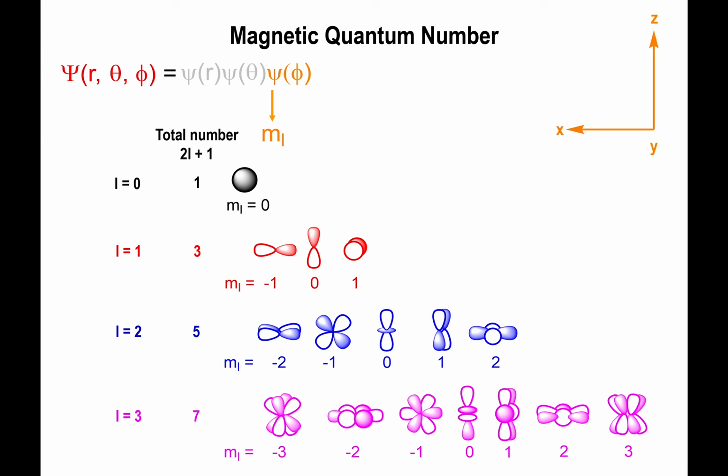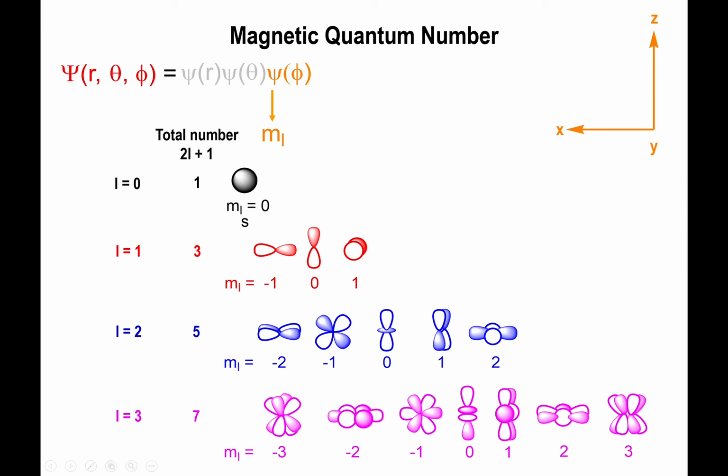So each one of these, if you look at them, has some trajectory, some direction associated with it. So not only can you describe the orbitals based on their m sub L numbers, but you could also give them names based on where they're pointing.